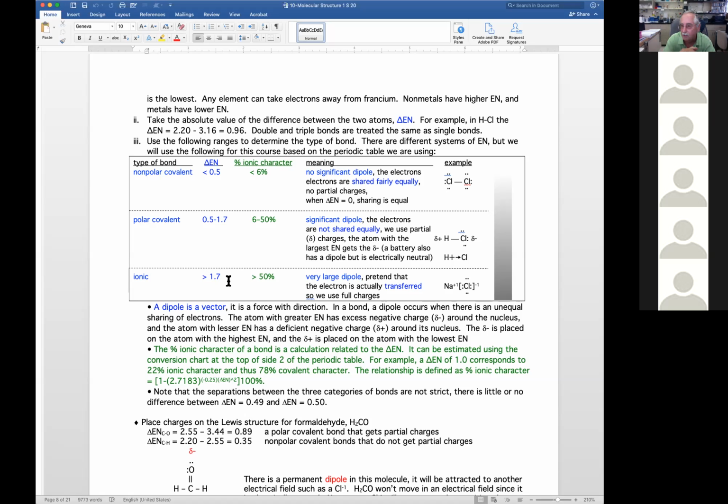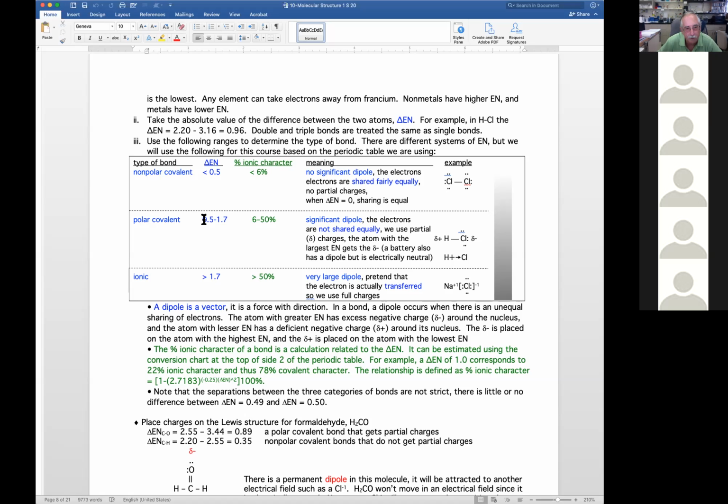Does it necessarily behave 100% like an ionic bond? The answer is no. And we'll talk about that a little bit later. So that's the reason why I put the percent ionic character in there, but these are the cutoff values.